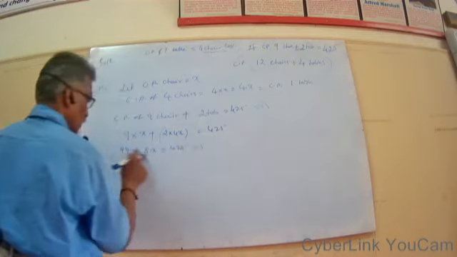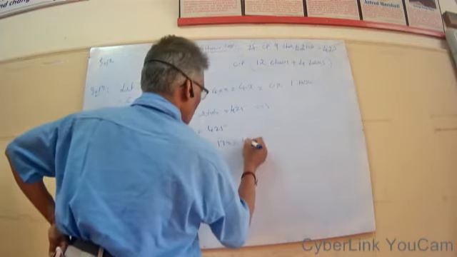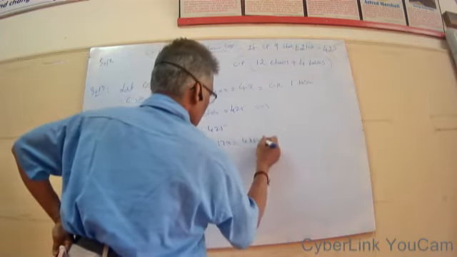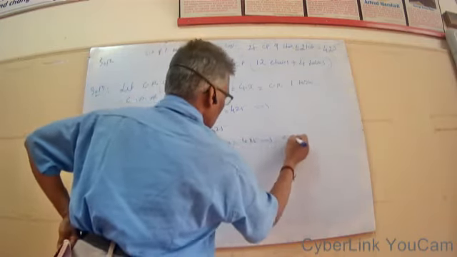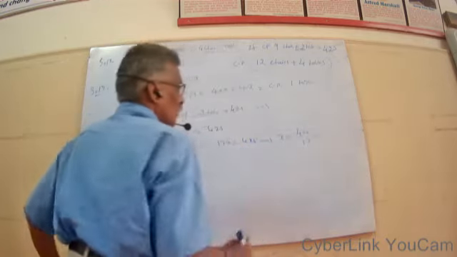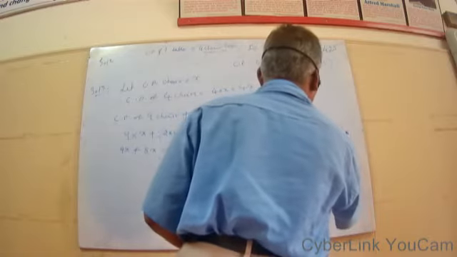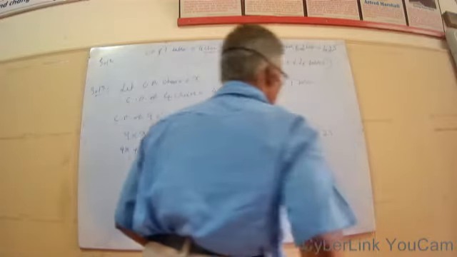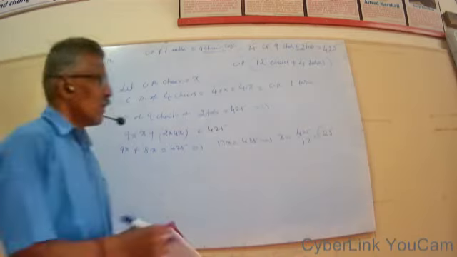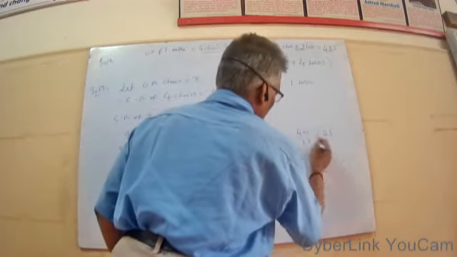This implies 17x equal to 425. This implies x equal to 425 divided by 17, which is 25. 17 into 2 is 34, 8 remains, 85, 17 into 5 is 85.